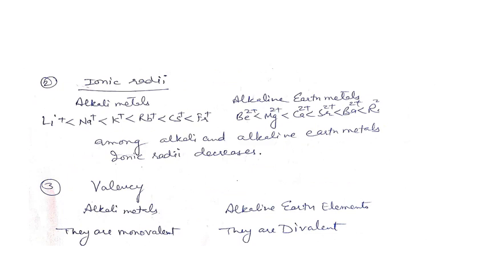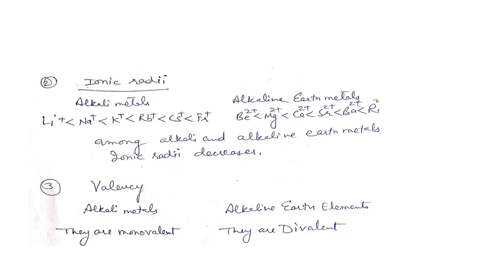The next is ionic radii, meaning how easily the metals form ions. Among the alkali metals, just as the atomic radii goes on increasing down the group, the ionic radii also goes on increasing down the group.